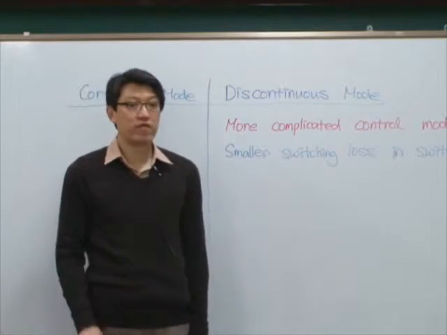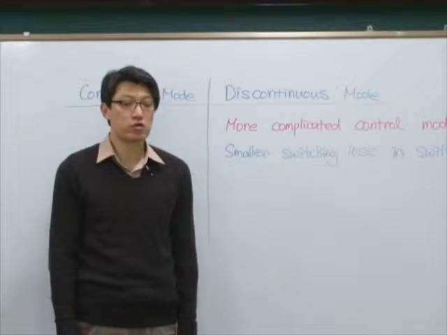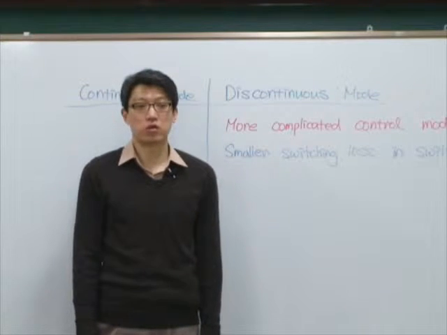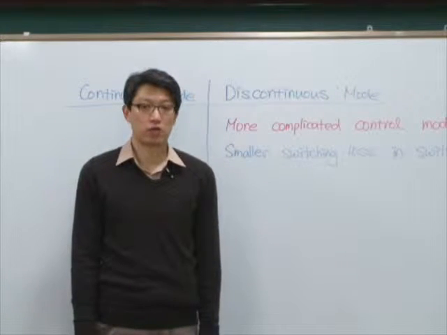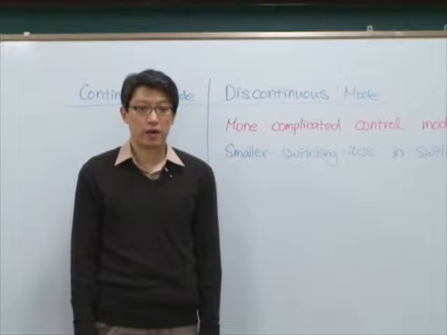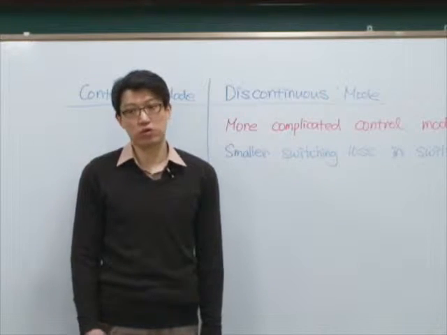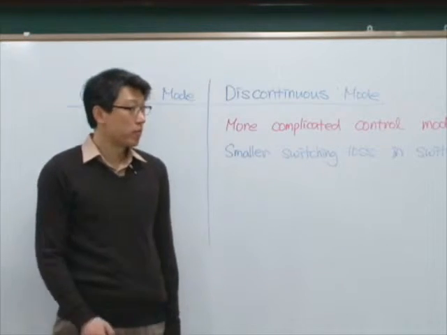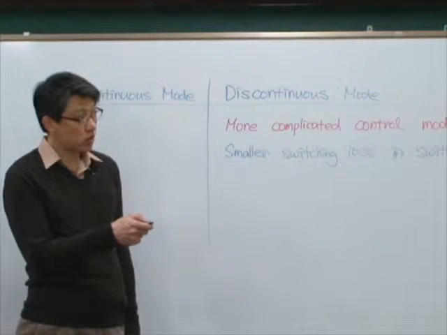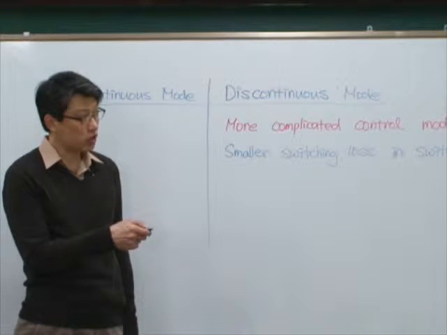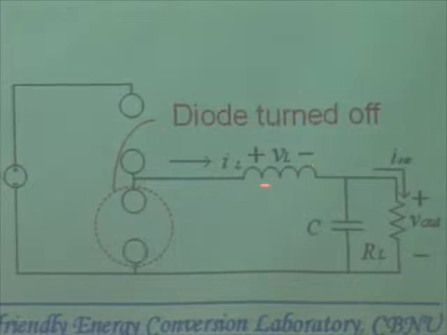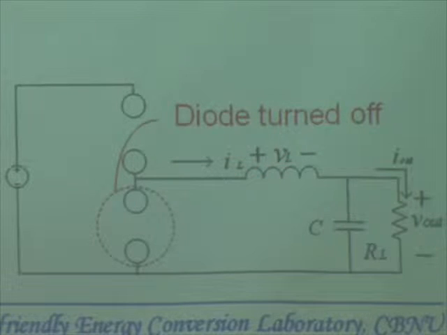So, whenever we talk about loss, we have two different kinds of loss: conduction loss and switching loss. And switching loss is generated whenever switch turns on and off. So it's a product of the switch current and voltage. But when the switch turns on, let's take a look at this. When the switch turns on, what's the current value of this inductor here? 0, right? 0.